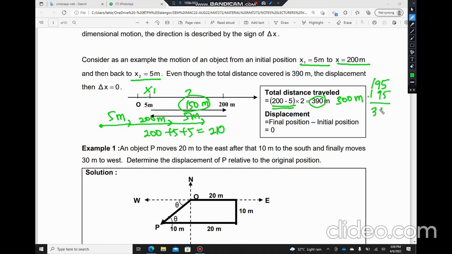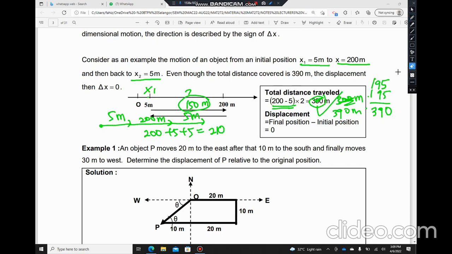So that's why dapat 390 kan. Betul lah kat sini. Sorry, saya silap. 200 bukan minus 50, dia minus 5. Okay, so total distance maknanya awak kira pergerakan tanpa consider pada arah.